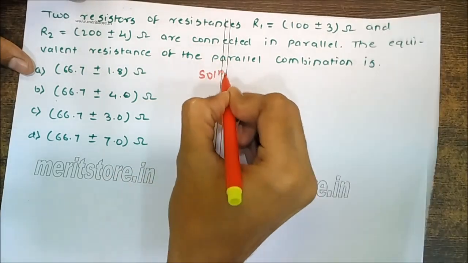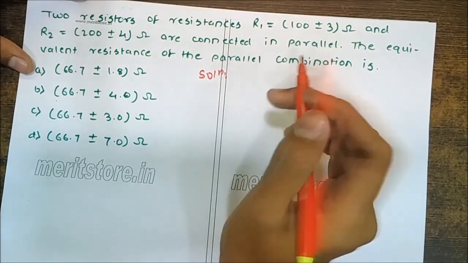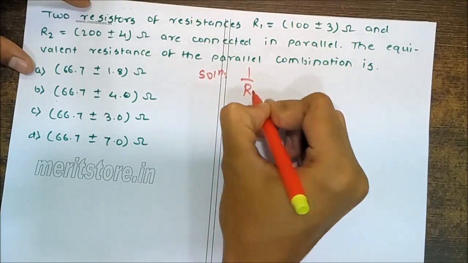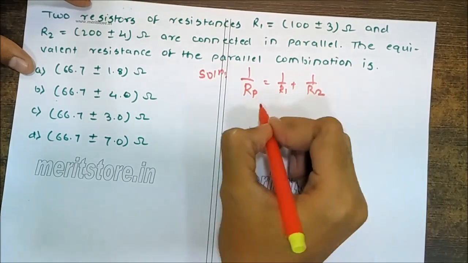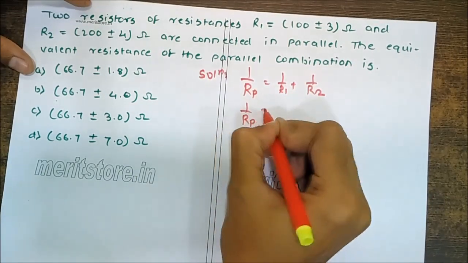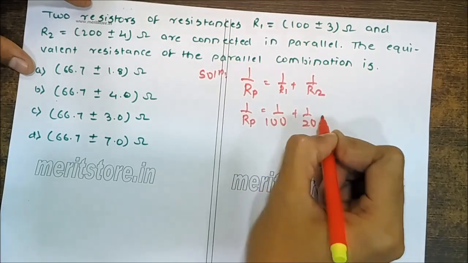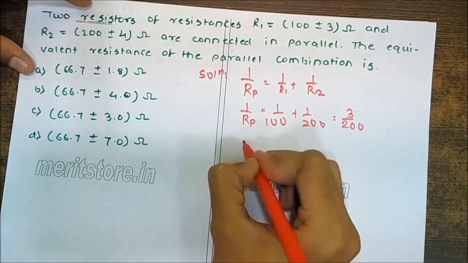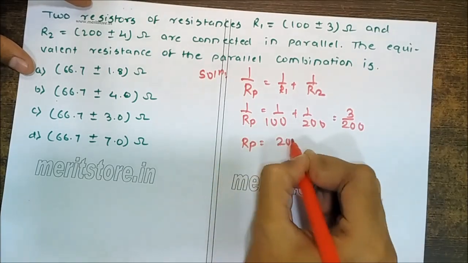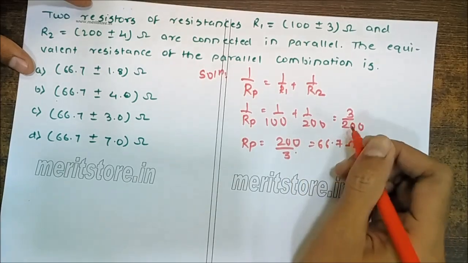Here the resistances are connected in parallel, so first we find the total equivalent resistance: 1 upon Rp equals 1 upon R1 plus 1 upon R2, which is 1 upon 100 plus 1 upon 200. On solving we get 3 upon 200, so Rp equals 200 upon 3, which gives 66.7 ohms.